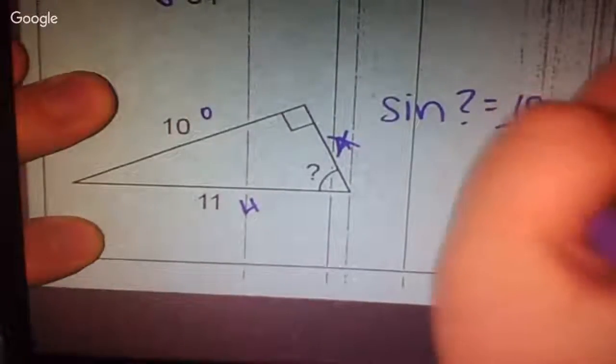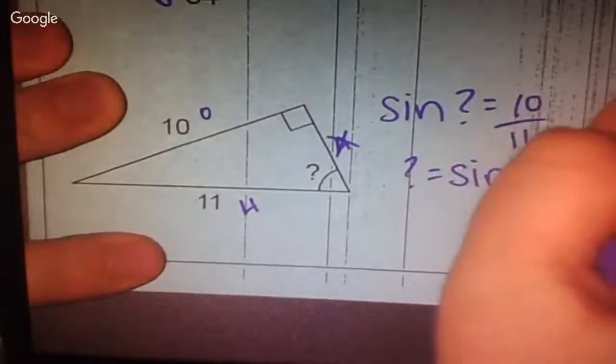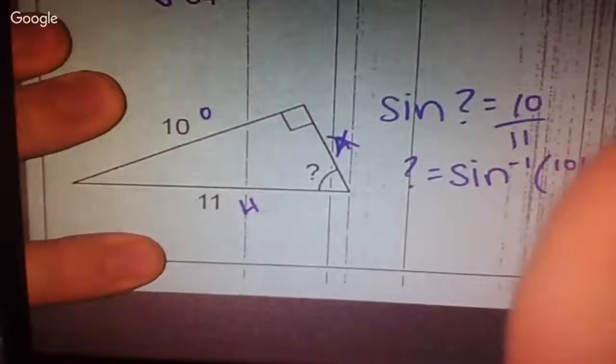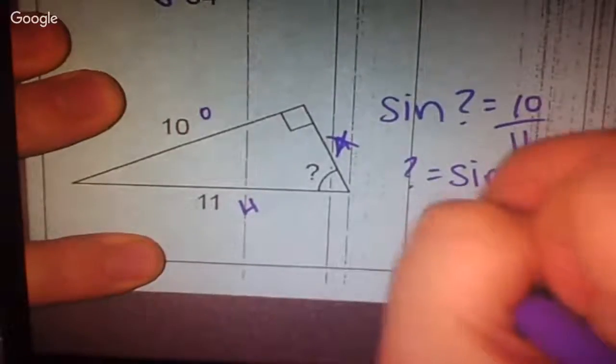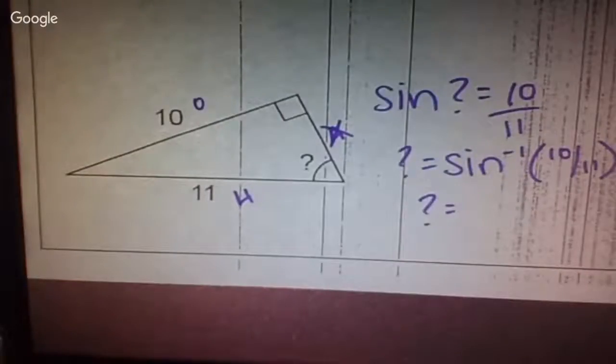So we need to take the inverse sine. What do we get? 65.